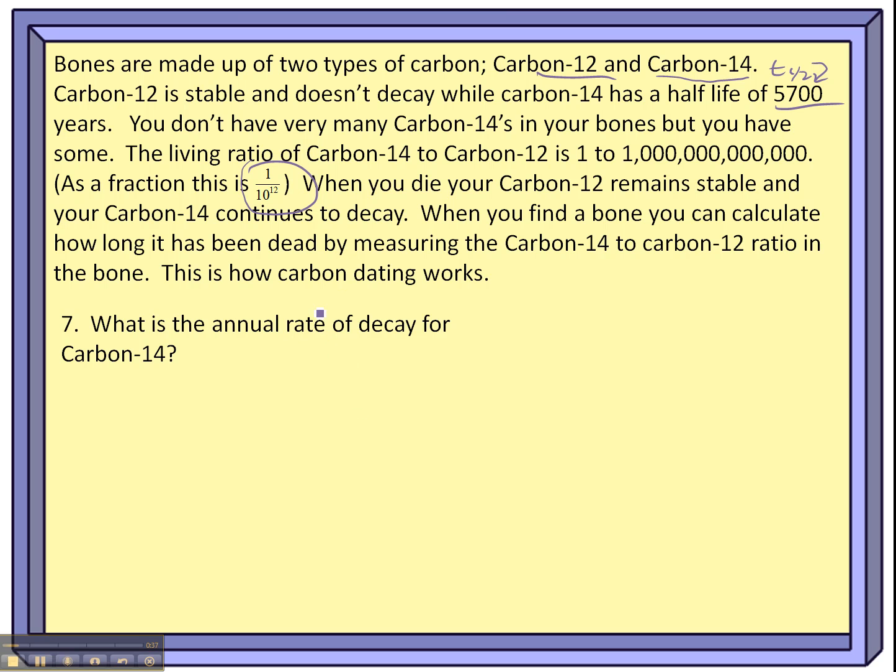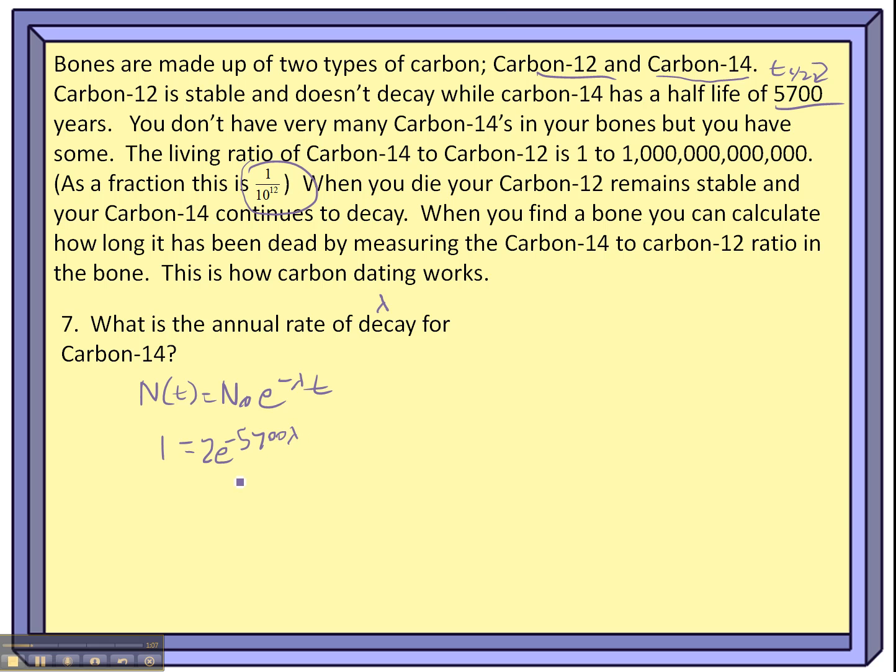So let's find our annual decay rate, which is lambda, for carbon 14. So we'll use that model that we used before, same thing as the PERT model, just looks a little fancier, and we're solving it for lambda. We'll use the convenient values of ending up with 1, starting with 2, e to the negative lambda, and the time frame here is 5,700 years.